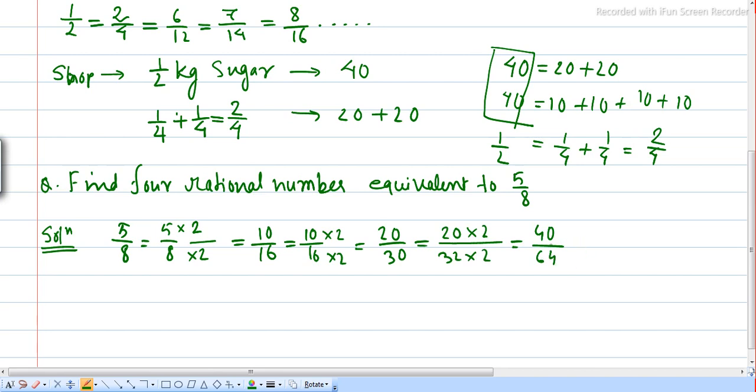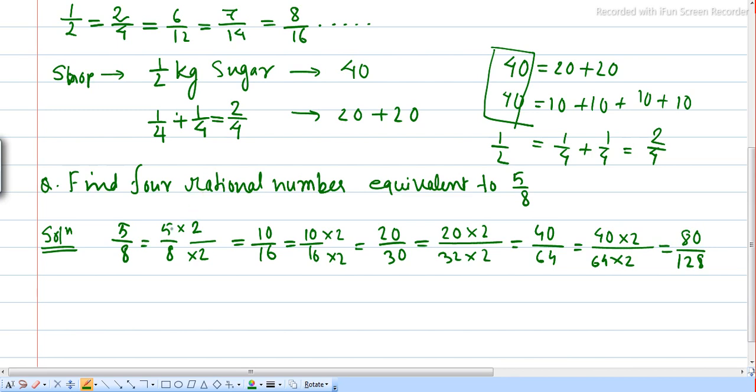Okay. So how many numbers did we get? 1, 2, 3. Again you take and multiply. So 40 by 64 into 2 into 2. It is 80 by 128.